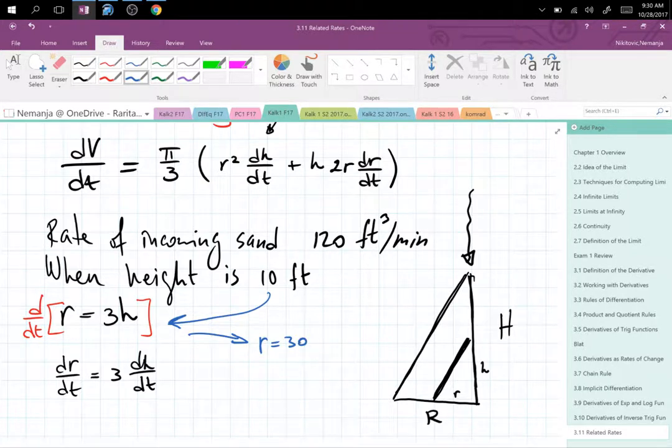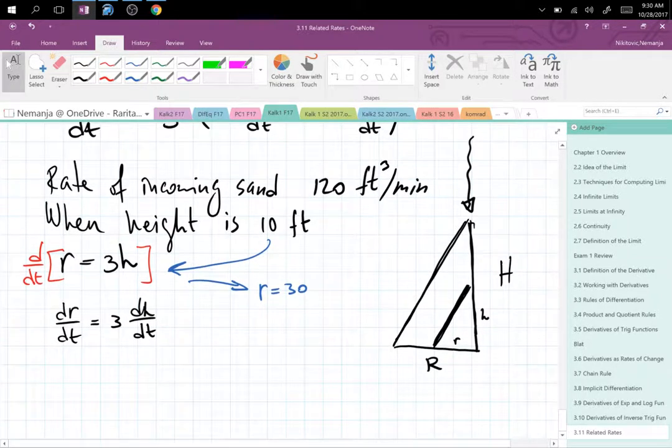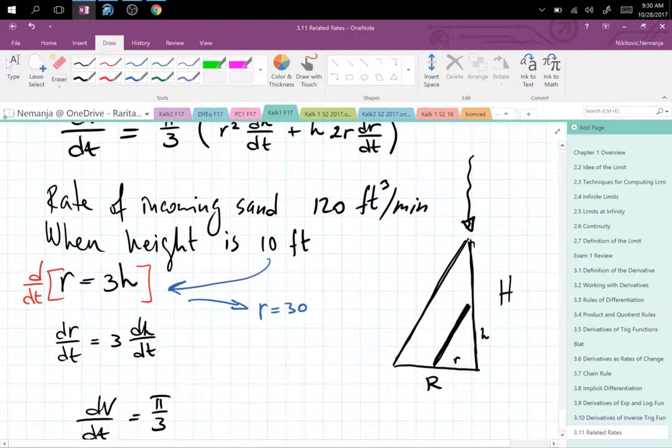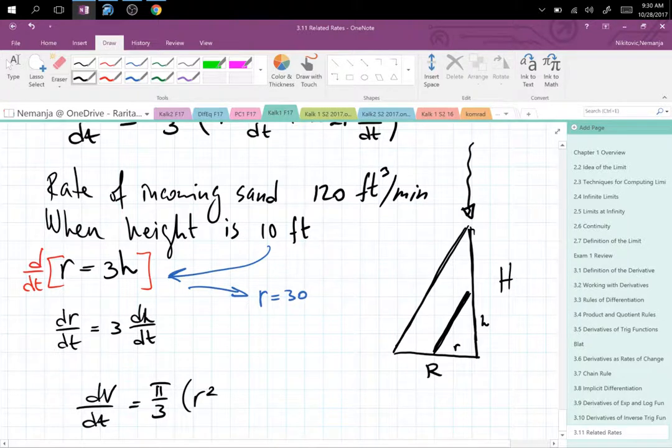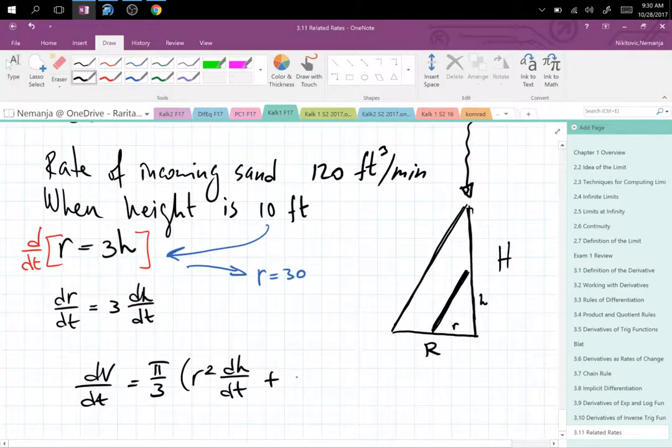When height is 10 feet, using the fact that the radius is always 3 times the height, 10 times 3 is 30, so r is equal to 30. I have everything that I need to plug in the main equation. So I'll write the main equation one more time: dV/dt is equal to pi over 3 times r squared dh/dt plus 2hr dr/dt.